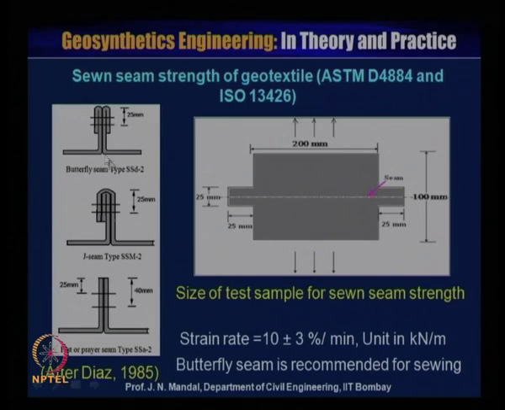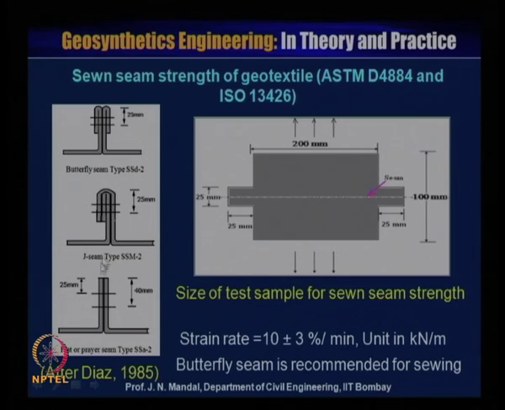You can see how the butterfly is made: it is a geotextile material wrapped, this side also geotextile material wrapped, and then you stitch at a particular spacing, 20 millimeter. So this is called the butterfly seam.